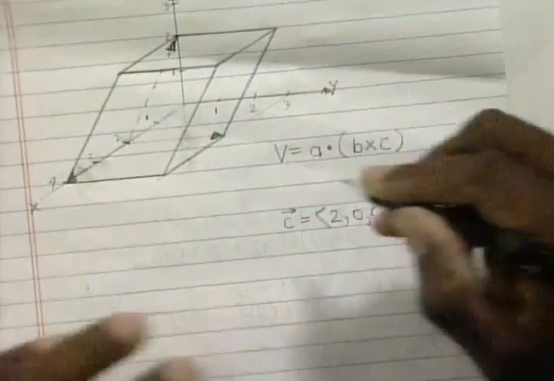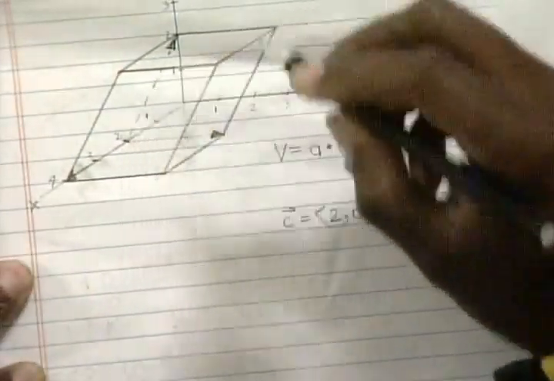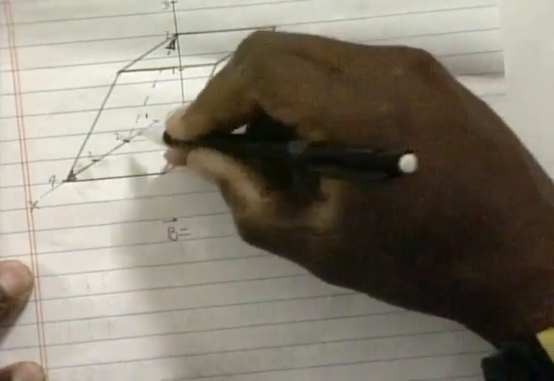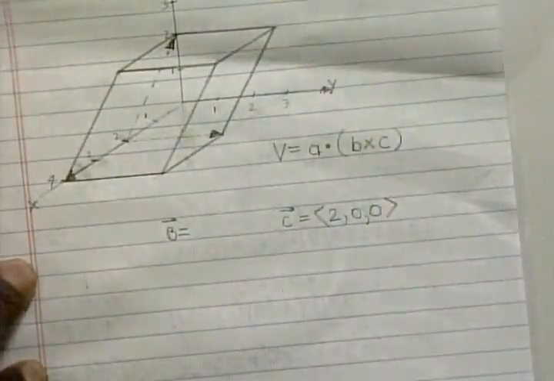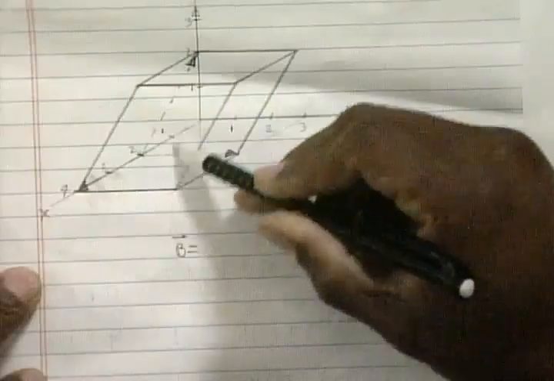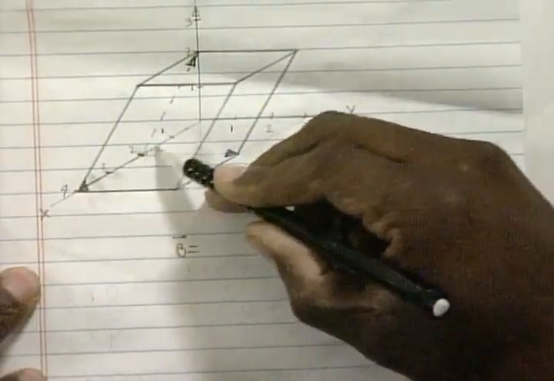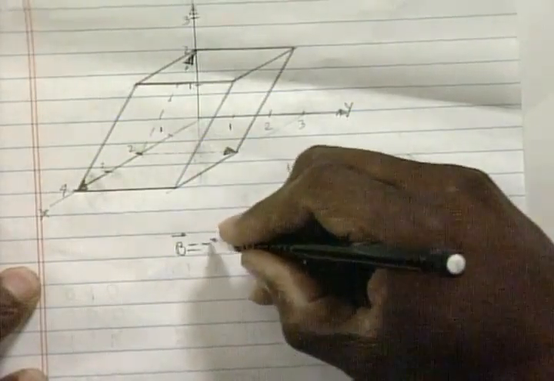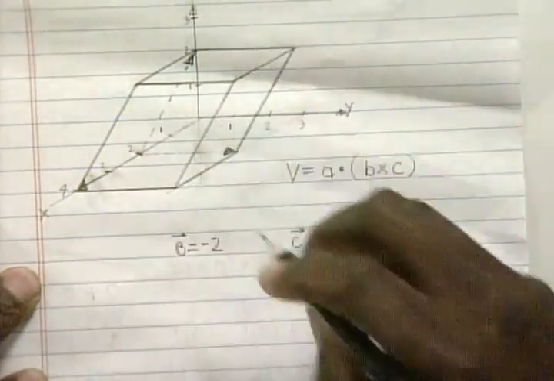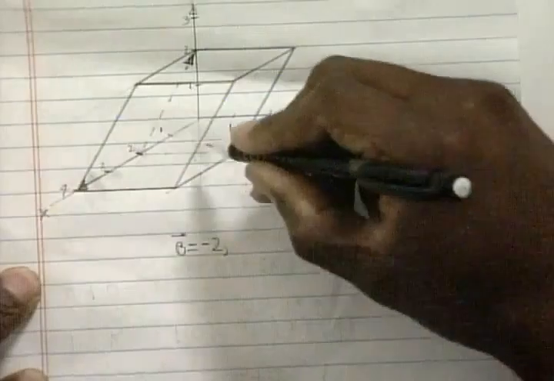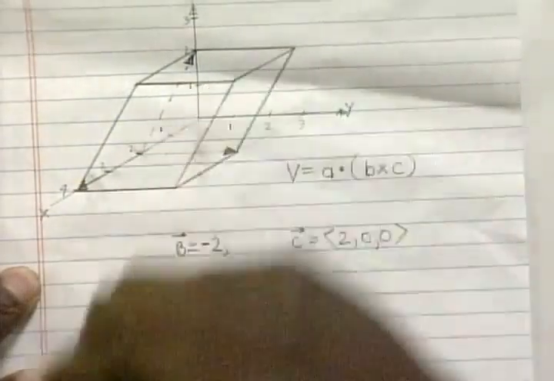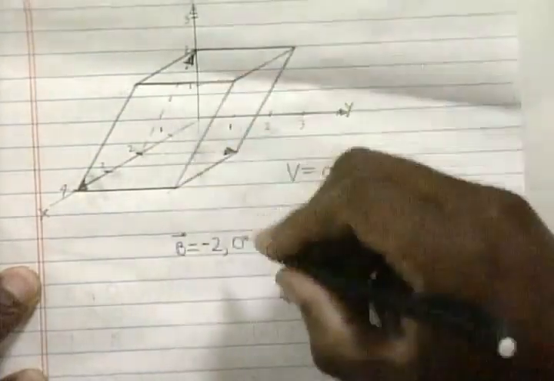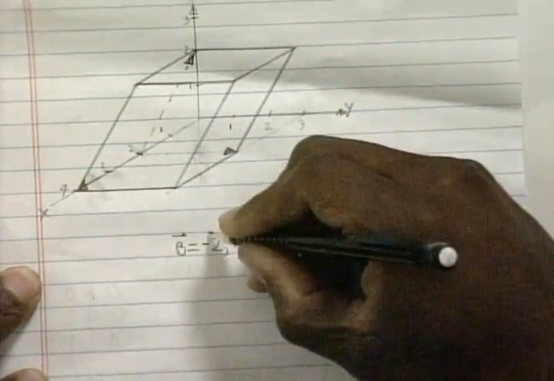Let's call this vector B. This vector here is going at somewhat of an angle. Hopefully I drew it as neatly as I could. It is traveling negative 2 in the x direction, going back, not traveling in the y direction, so let's put a 0 there, and it's going 2 upwards in the z direction.